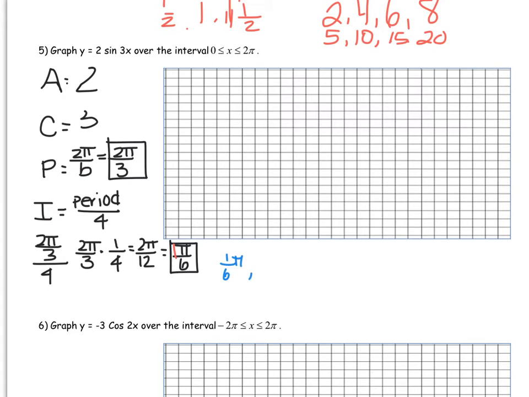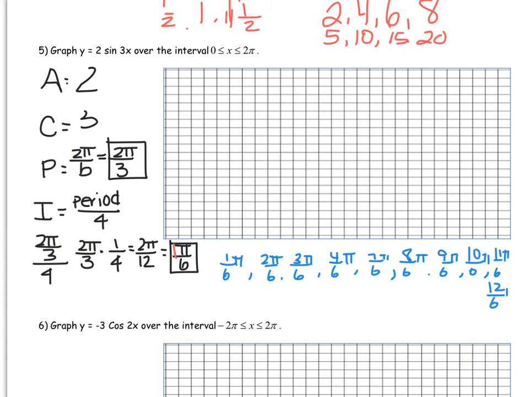So 1/6 pi, 2/6 pi, 3/6 pi, 4/6 pi, 7/6 pi, 8/6 pi, 9/6 pi, 10/6, 11/6, and 12/6.